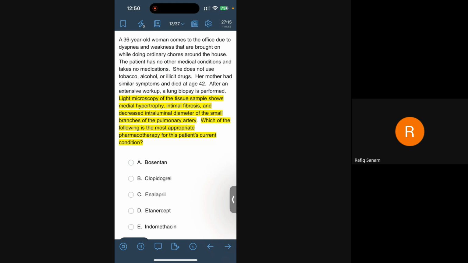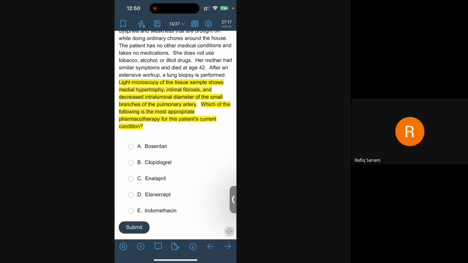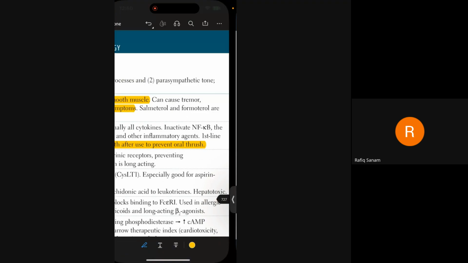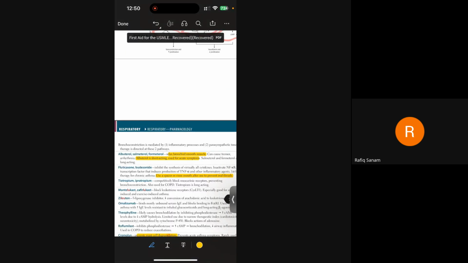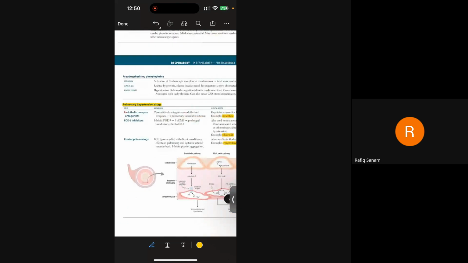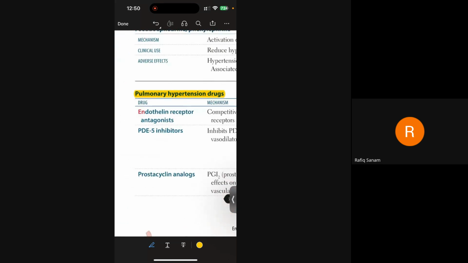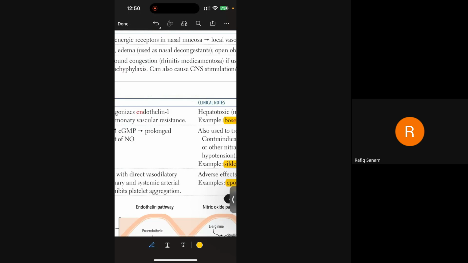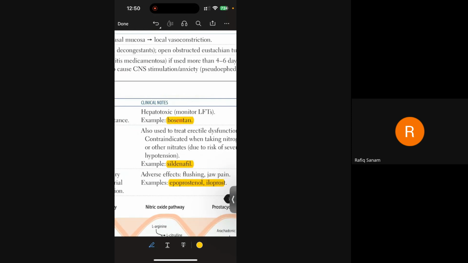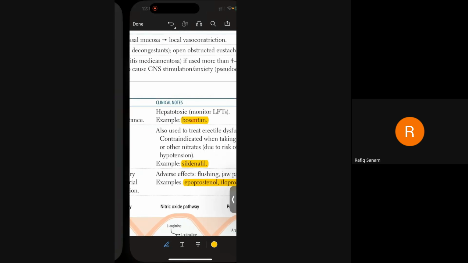Which drug is used in pulmonary hypertension? Endothelin 1 inhibitor, that is bosentan. Other than that, PDE5 inhibitors like sildenafil, and prostacyclin analogs. So bosentan, sildenafil, iloprost and epoprostenol.